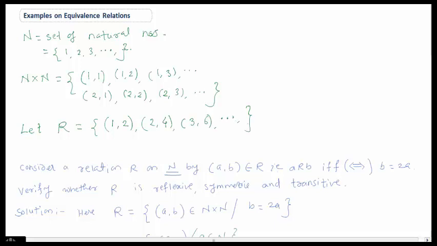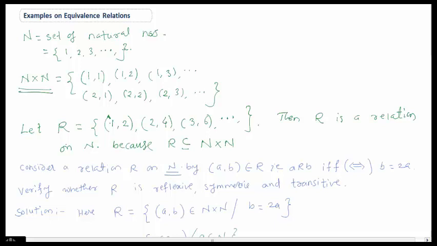Then this R is a relation on N, because this R is a subset of N cross N. All the pairs (1,2), (2,4), (3,6), (4,8) are in N cross N.